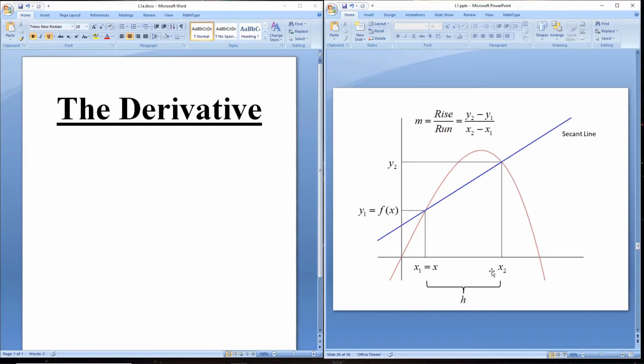That's the distance between those 2 points. And if that's the case, then x2 is x plus h. So here is x. If we go an h distance away, we're now at x plus h. And this x plus h, we will plug into the function. So instead of y2, we'll have the function at x plus h. And this is our change in notation.